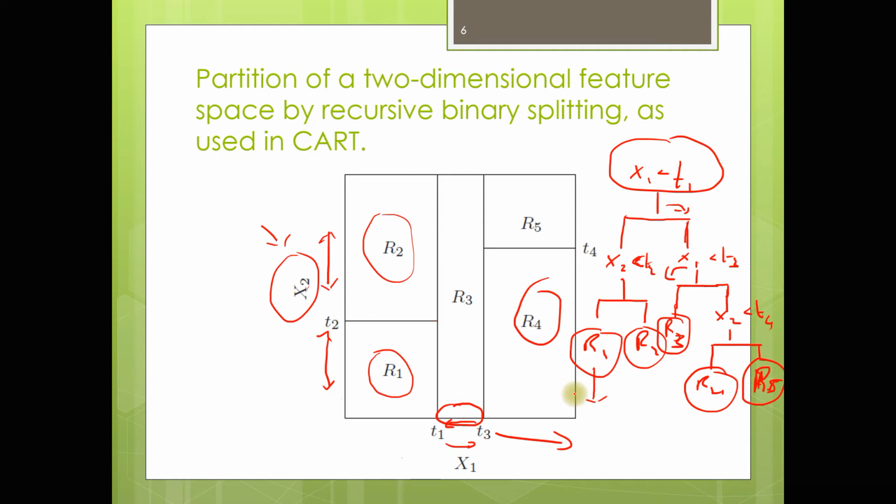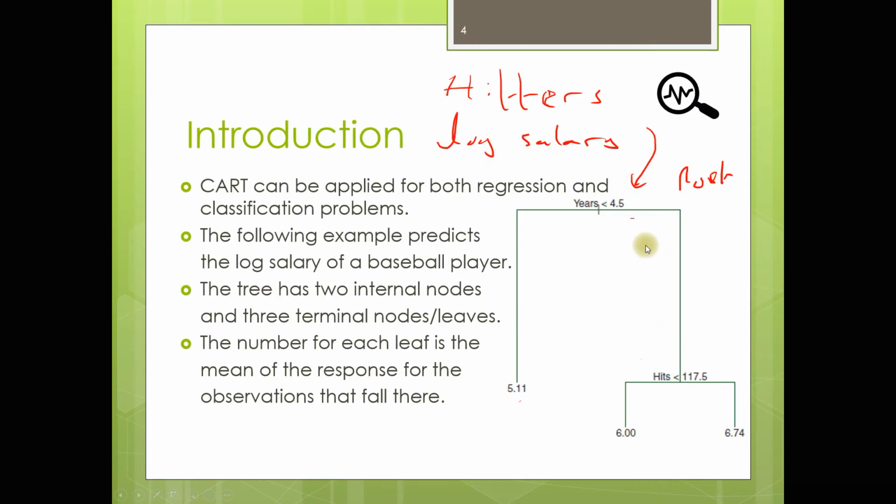But for example, in the case of the baseball player, you remember that these regions were fitted by certain values, 5.11, which represented the log salary predicted. But what was the log salary predicted? It was the mean log salary for a particular region. In our example, it was the mean salary for people who were spending less than 4.5 years in Major League.